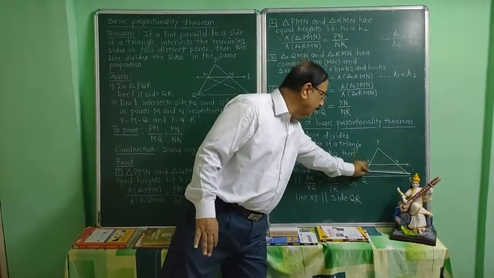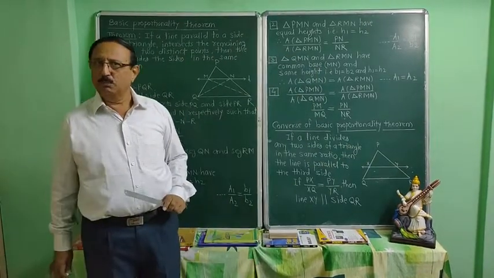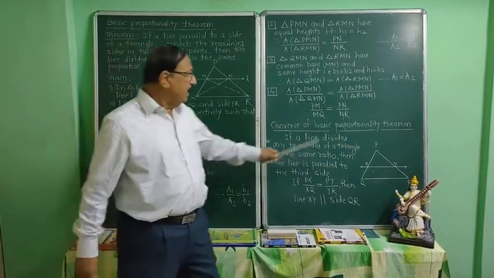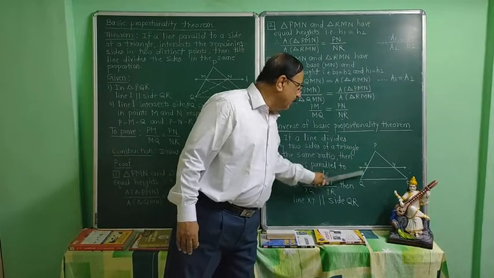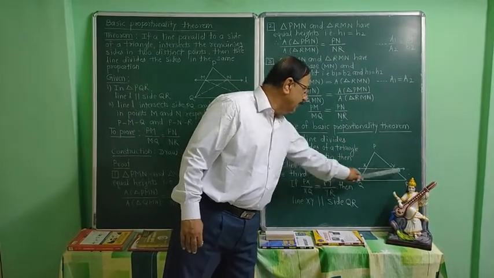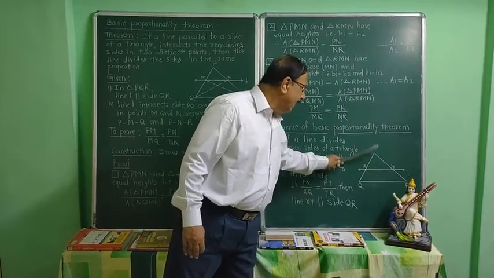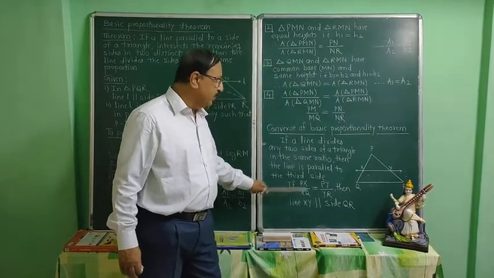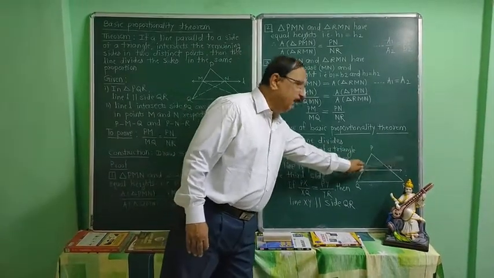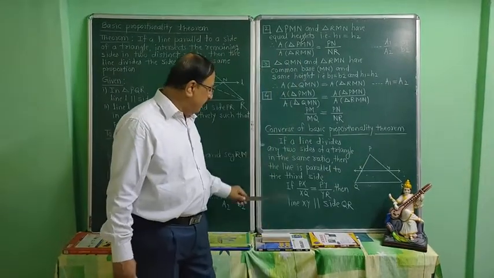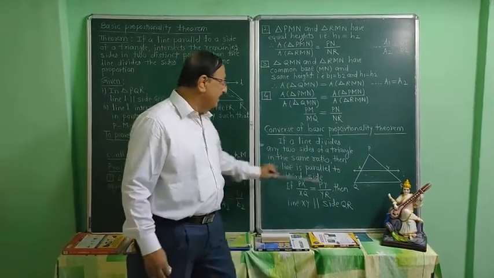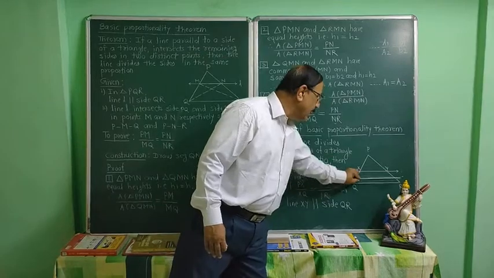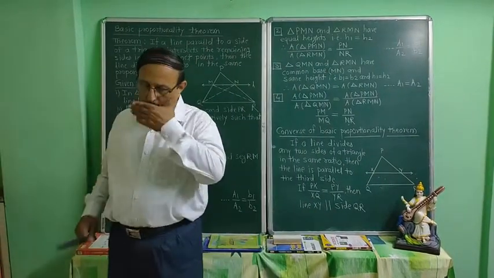This line XY is parallel to side QR. Means if this line intersects the two sides PQ and PR in points X and Y, and PX upon XQ is equal to PY upon YR, then we can say that this line XY is parallel to side QR.